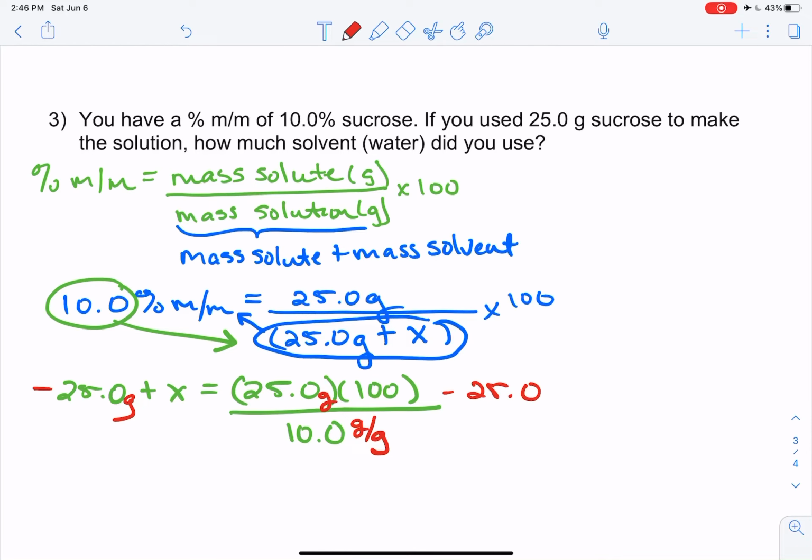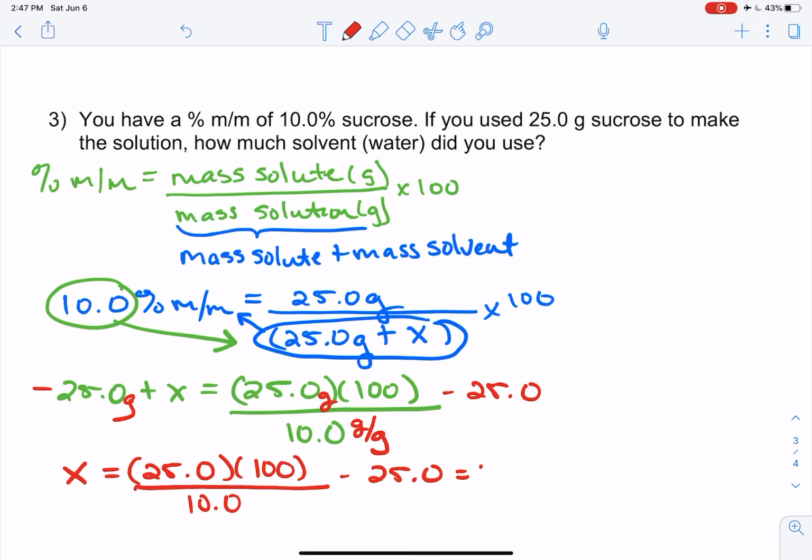And what we're going to get is that x is equal to 25 times 100 divided by 10 minus 25, and we will get 225 grams here. Okay, so where did all of the grams go?